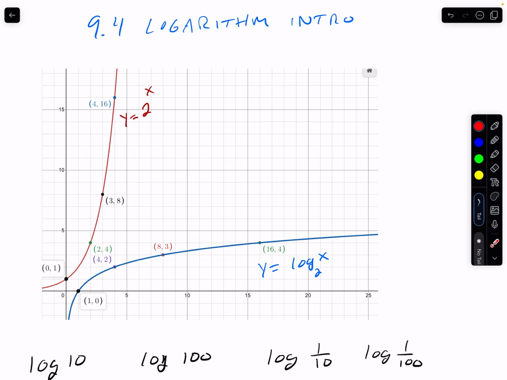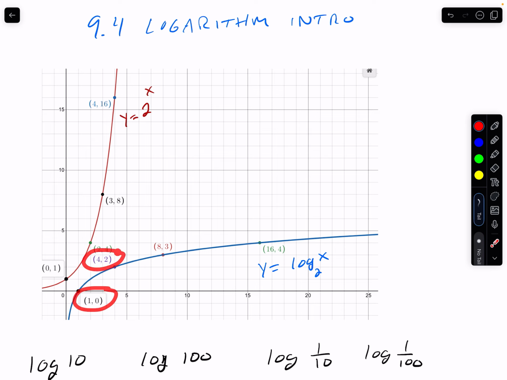So what I'm going to say is y equals log base 2 of x. The way you want to think about it is 2 to the what power is x. For example, 2 to the 0th power is 1, so the log base 2 of 1 is 0.